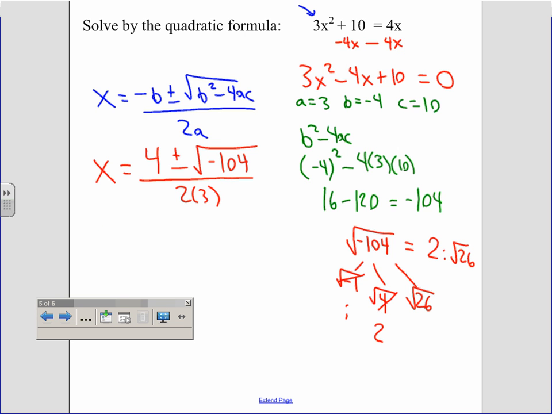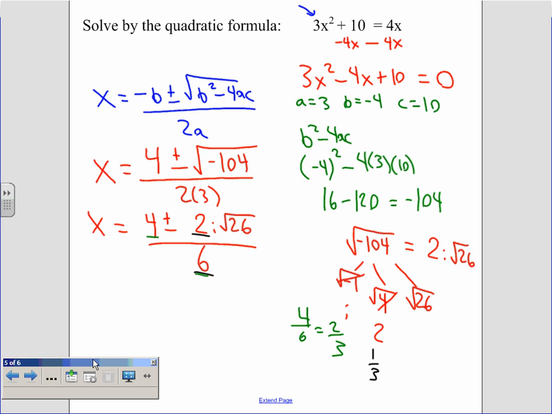So I can simplify this now as 4 plus or minus 2i root 26 over 6. So now we just need to divide common factors. So I have 4 over 6. Well, 4 over 6 simplifies to 2/3. Now 2 over 6 simplifies to 1/3.